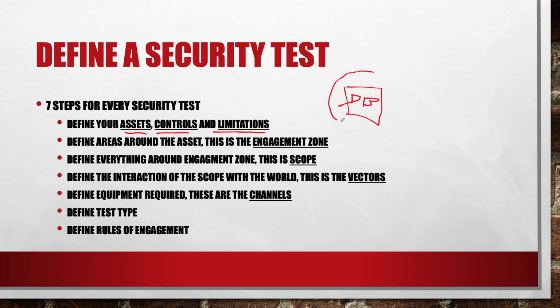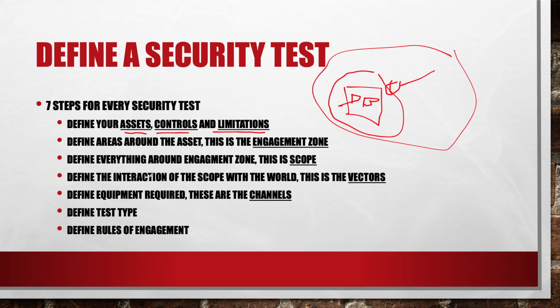We have to determine the engagement zone. So this will be our control and limitation applied to our pore. That is step one. Then we have to define the areas around the asset being our engagement zone. Everything around the engagement zone being our scope.